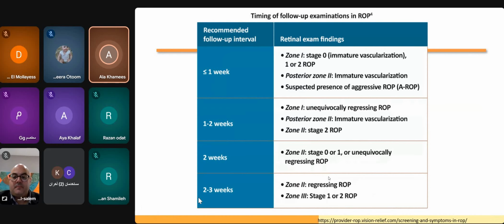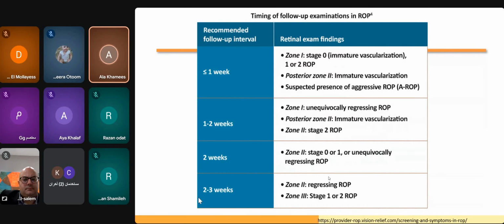So, follow-up examination in retinopathy of prematurity. Normally, we follow every 2 weeks. Weekly, we follow in zone 1, posterior zone 2, and when the vascularization limit is anterior zone 2. We can examine every 2 or 3 weeks in any ROP when the ROP has stabilized.